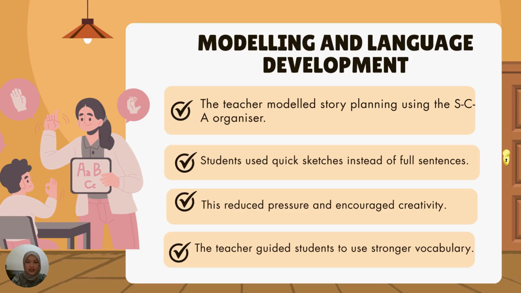Instead of asking students to write a full sentence immediately, the teacher encouraged them to first draw quick sketches. Number two is think of actions. Number three is build a story instead. This reduces cognitive load and helps students organize ideas faster.